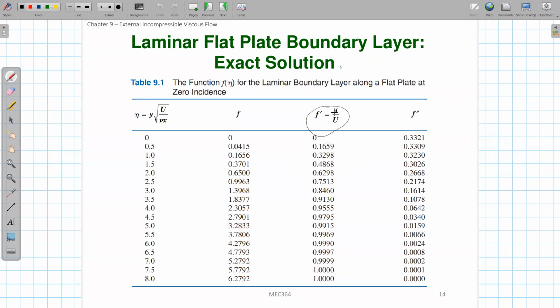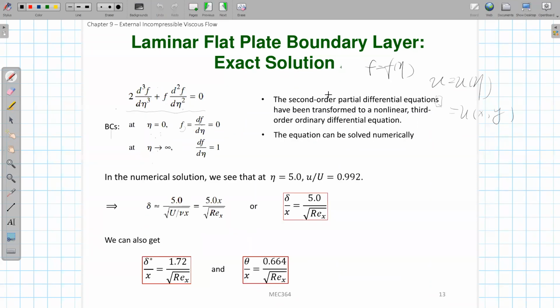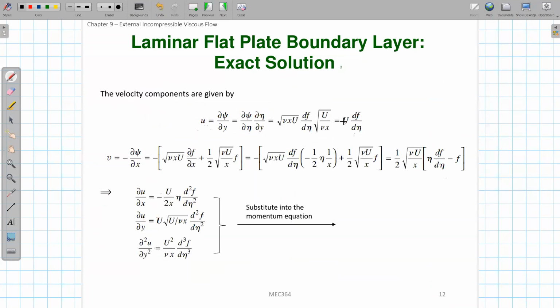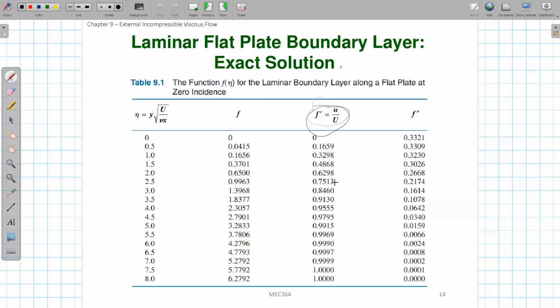Looking here, this is U over large U, which is F prime, obtained from here. So this is showing that at eta equal to 5.0, your velocity U over large U will be close to 99%.